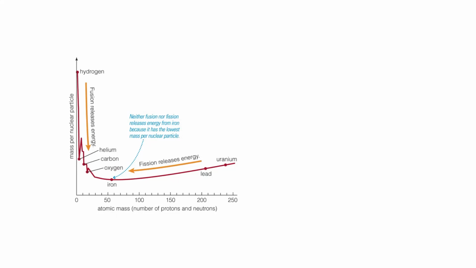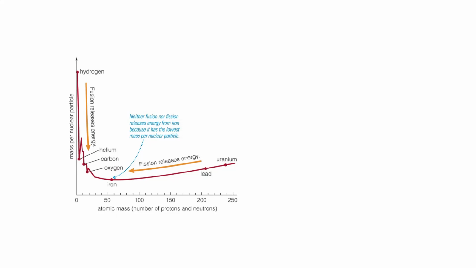That supports the star. That process keeps happening until you get to iron. Once you get to iron, to fuse iron into the next heaviest element actually requires you to add energy into that reaction to make it happen.